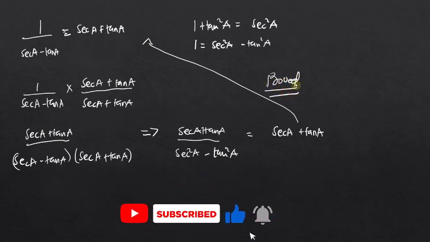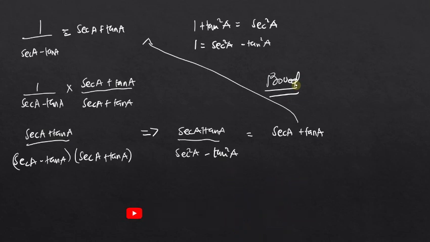Yeah, so that's one of the things that I want you guys to take note of. Also, let's say you are asked to evaluate sine 60 over cos 60, right? Automatically you realize that this is the same as tan 60.